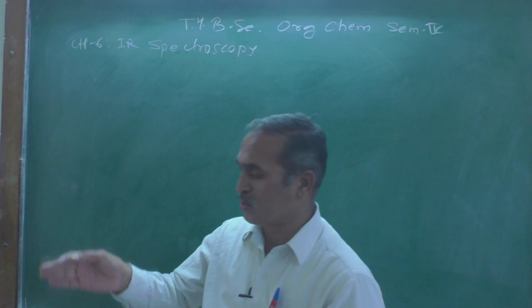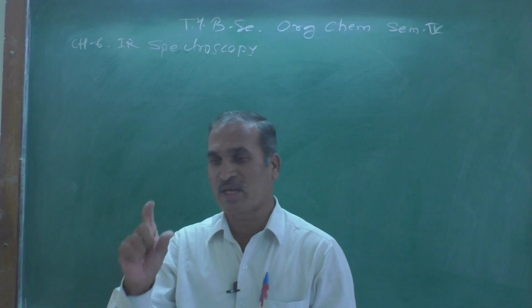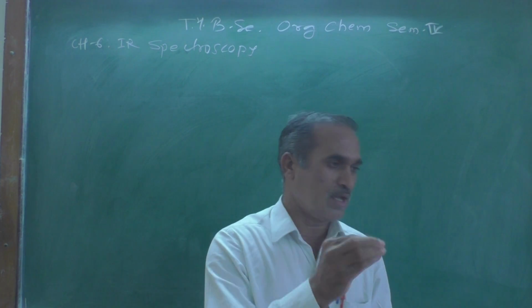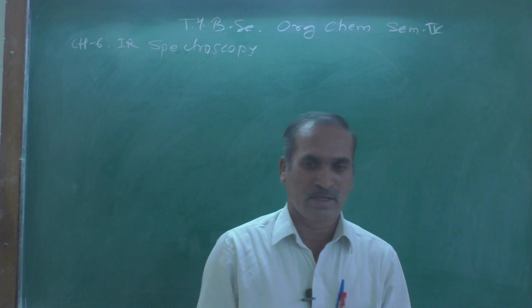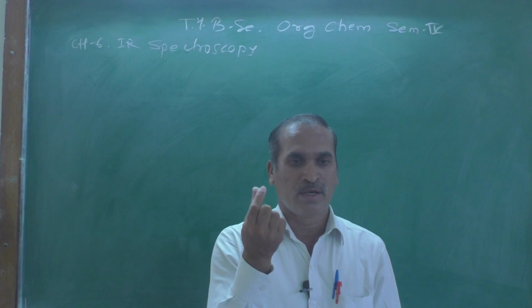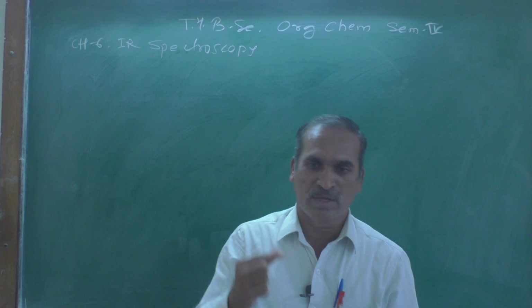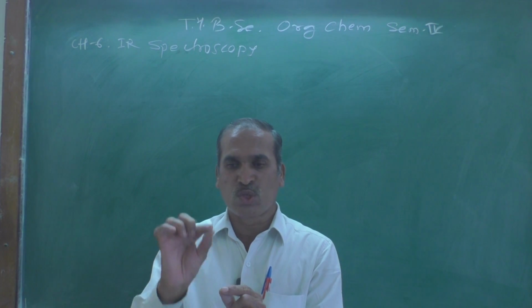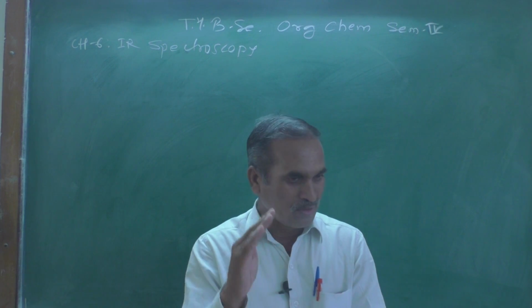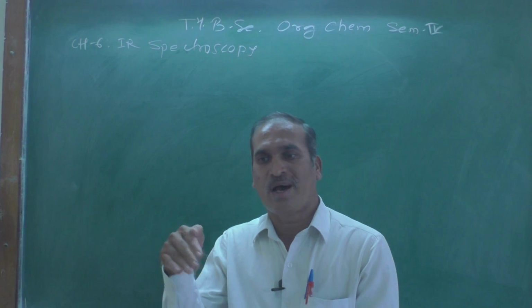And as we know, functional group means what? Site of reaction. Whenever a reagent is added, changes occur at a particular part of the organic compound, and that part changes into some other group.